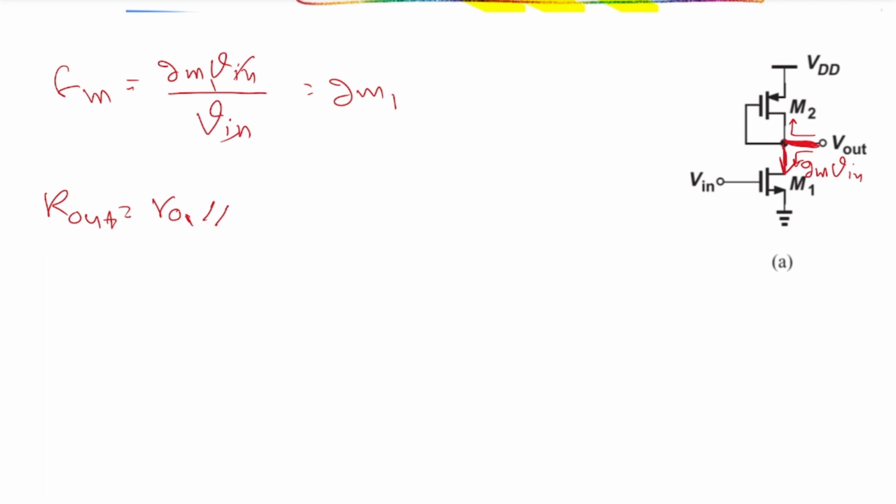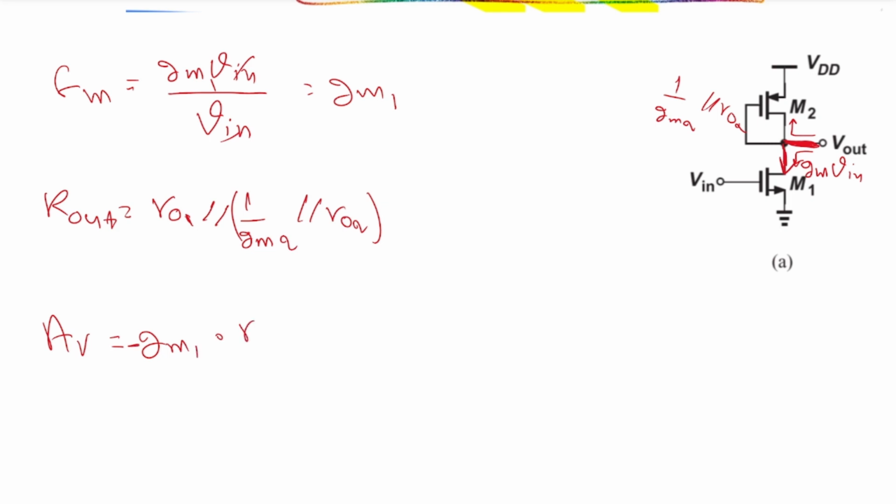So as we said, it is 1 over gm2 in parallel with r_o, with r_o2. So the voltage gain is minus gm1 times r_o1 in parallel with 1 over gm2 in parallel with r_o2. So this is the voltage gain of the first stage.